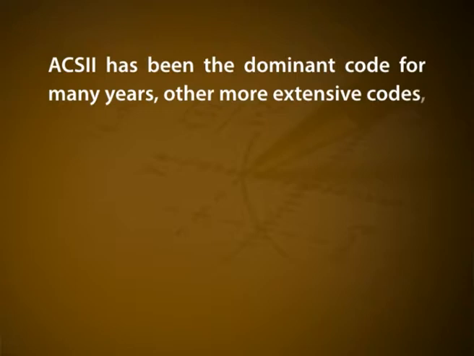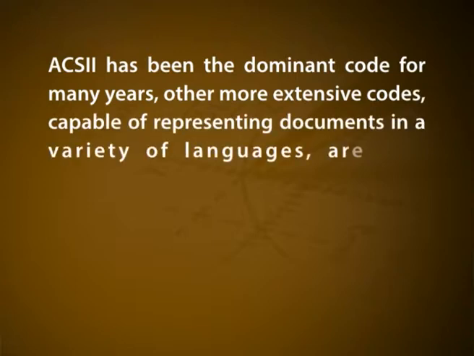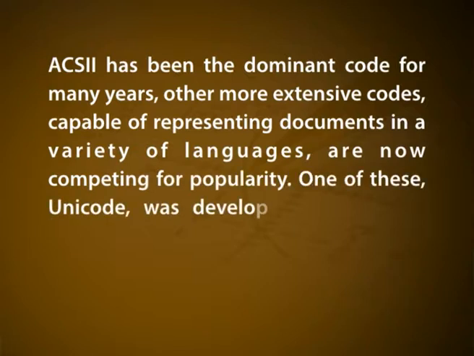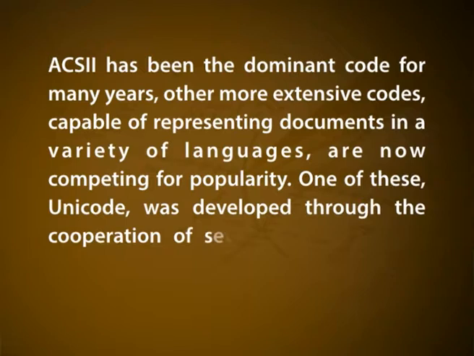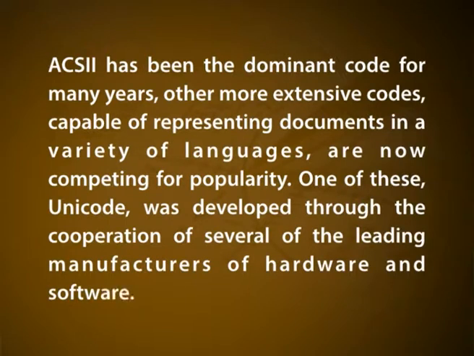Although ASCII has been the dominant code for many years, other more extensive codes capable of representing documents in a variety of languages are now competing for popularity. One of these, Unicode, was developed through the cooperation of several of the leading manufacturers of hardware and software. This code uses a unique pattern of 16 bits to represent each symbol.